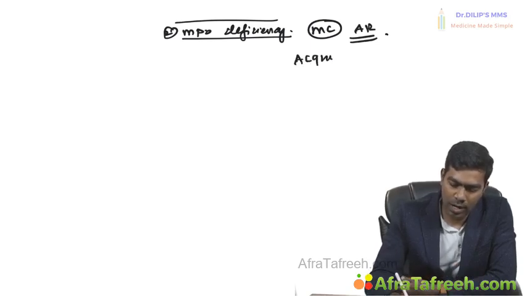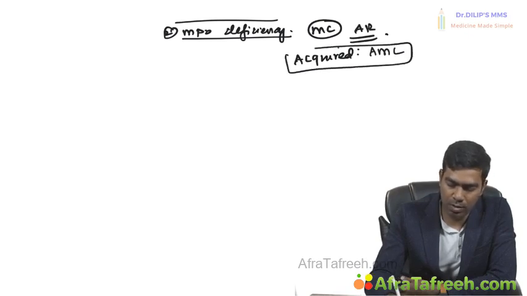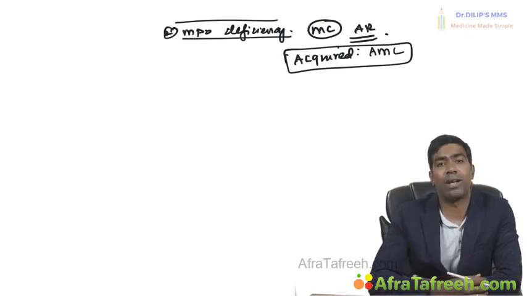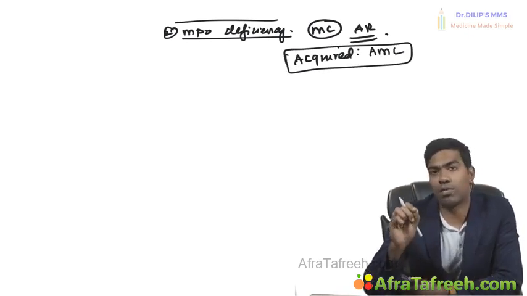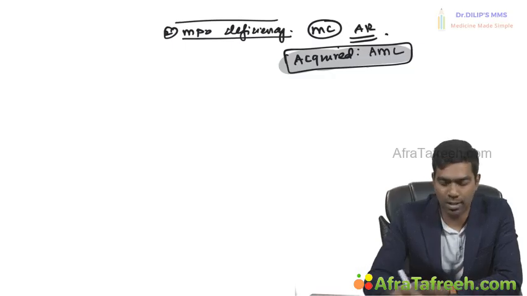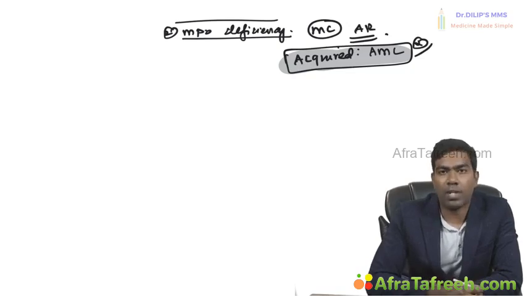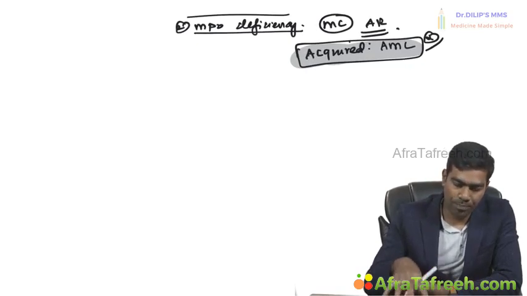If they ask you acquired forms, where will you see? Acquired forms can be seen in acute myeloid leukemia or acute myelogenous leukemia. You can see an acquired form of MPO deficiency. This is also an old AIIMS question, in 2015 they asked it. So this is what we call the acquired form of MPO deficiency, where you can see in AML, acute myelogenous leukemia.